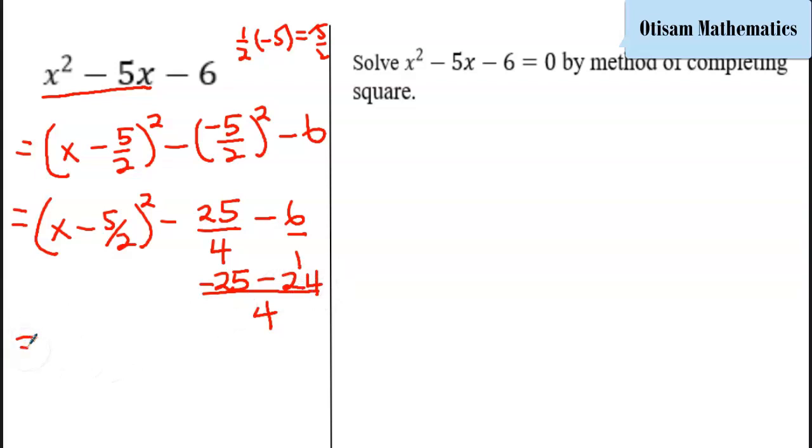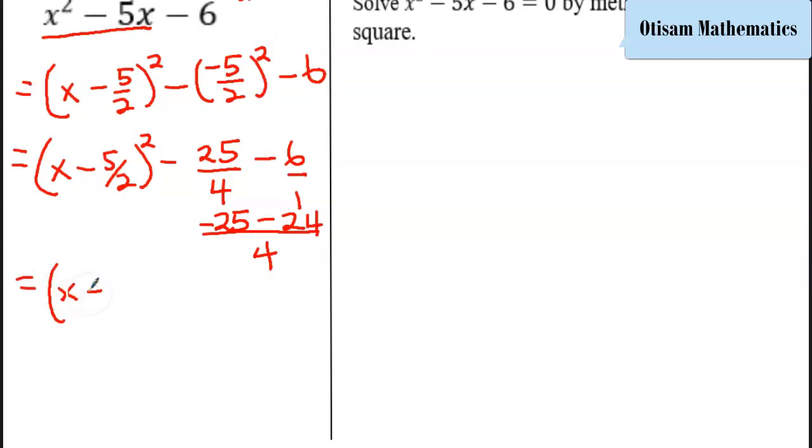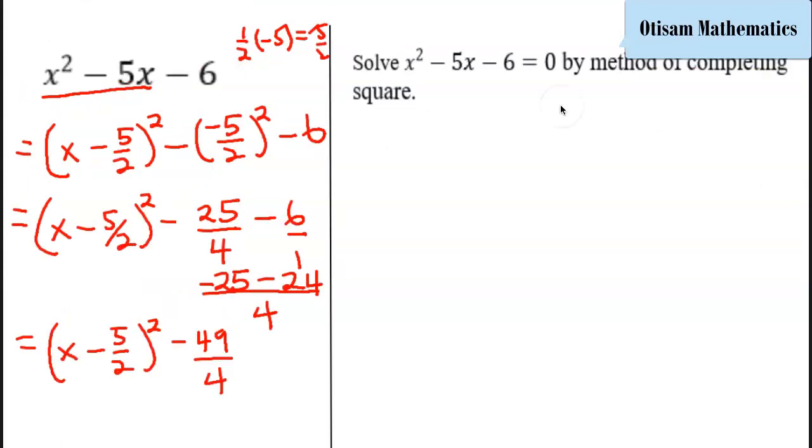So we have bracket open x minus 5 on 2 all squared, and minus 25 minus 24 is giving us minus 49 on 4. Minus 49 on 4. So that is the answer. Knowing how to complete the square, the next step, solve quadratic equation using completing of square.